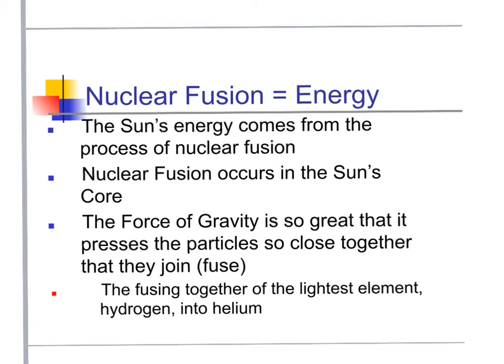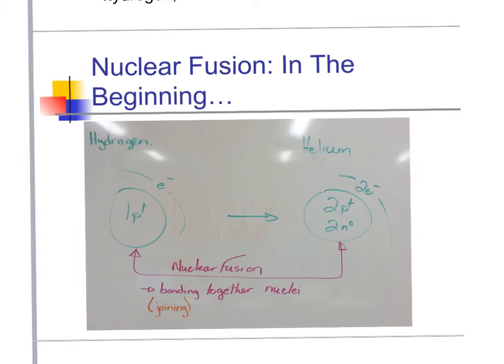So what's happening is we have two hydrogen atoms, each composed of a proton, and these two hydrogens are colliding together, fusing together to make a helium nucleus. Of course, hydrogen and helium can be found on the periodic table. Like I said in the last slide, we are starting with the simplest atom, which is hydrogen.